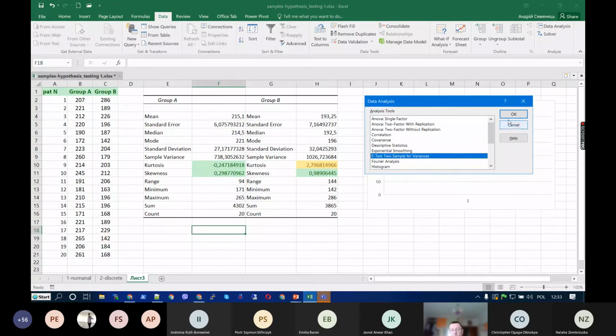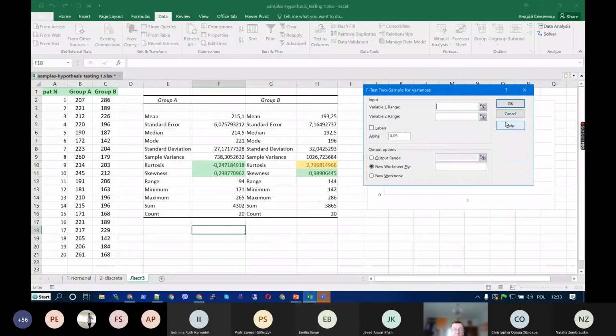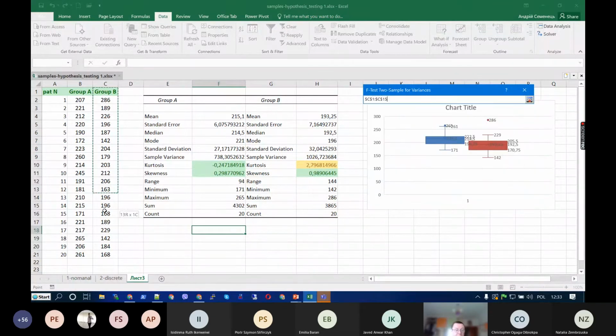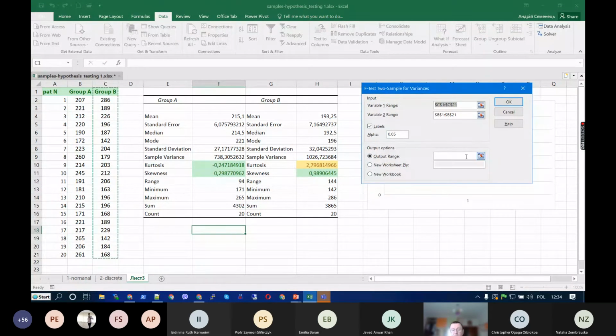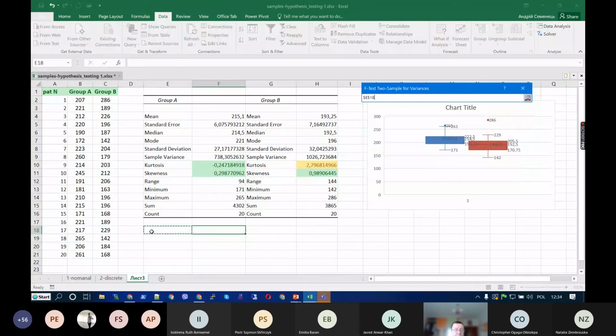And so for the Fisher test, I have to use for variable 1 the range which has the greatest sample variance, and it's group B. So my variable 1 must be group B, and my variable 2 range is group A. Because of the sample variances, I selected with labels, and my output range has to be somewhere here at the bottom.